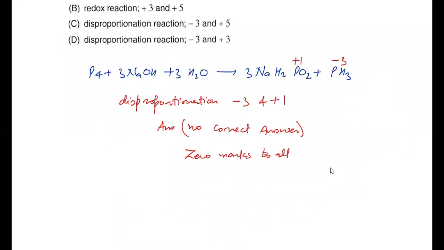So definitely you should not kill your time on such types of questions. When you know for sure that the answer is not matching, then either leave the question or mark the most appropriate one which you can. So either C or D you could mark in that state, but both were wrong. If you have to make this question correct, then either +5 or -3 should be made +1, then the answer will be correct. Clear?